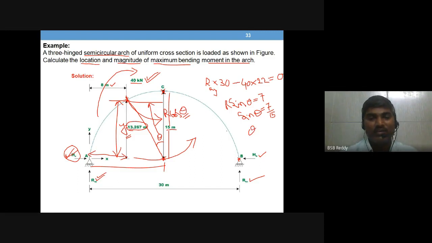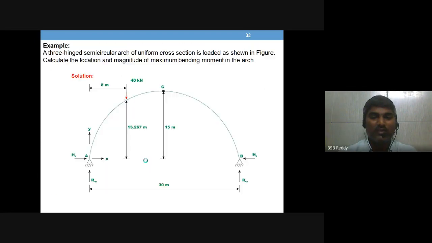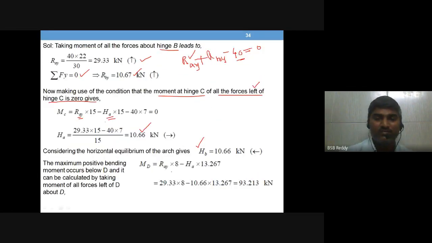Let us see what is the value of that. It is to be calculated, because these steps are directly written. The solution is given directly, the Y value is 13.267.